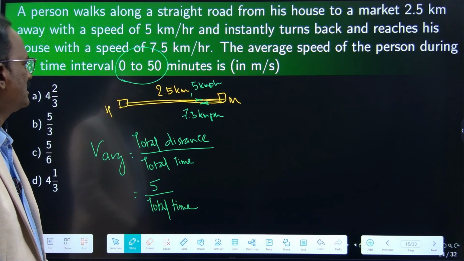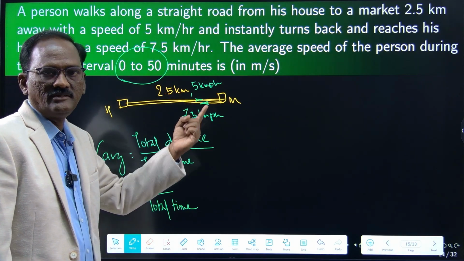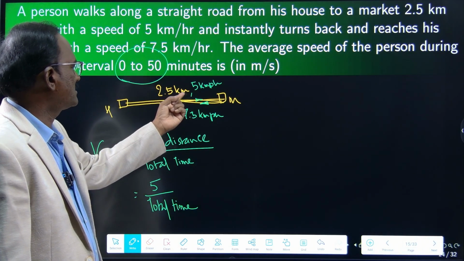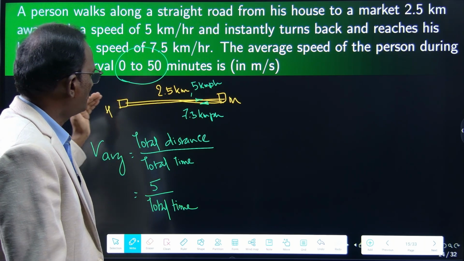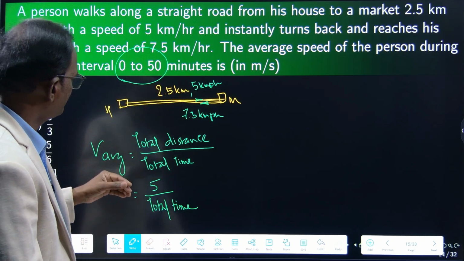Total time. How much is it taking? Kilometer is available. Look at the SI unit. Kilometer is available, and kilometer per hour is also available. So we can easily find how much time it is taking, right?